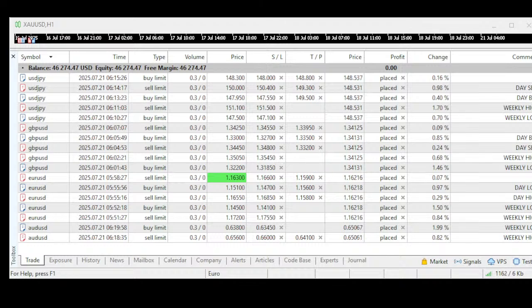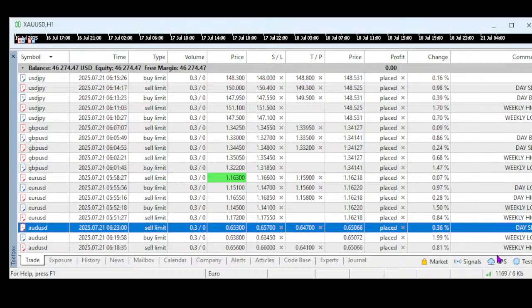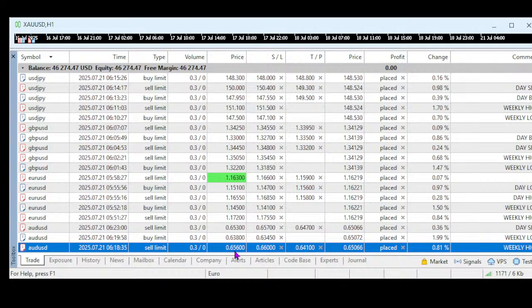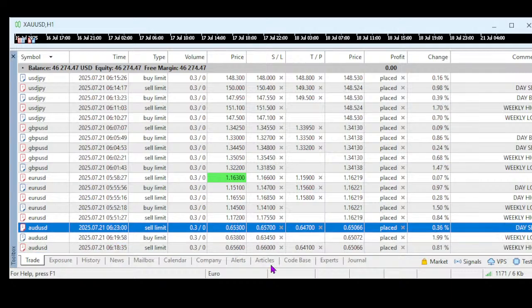So this is a day sell. Okay, so we have a weekly sell at 65.60, day sell at 65.30.